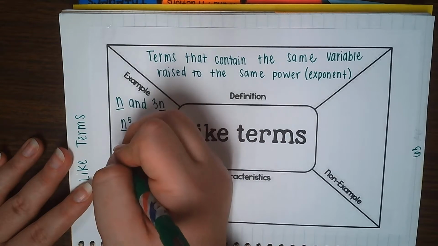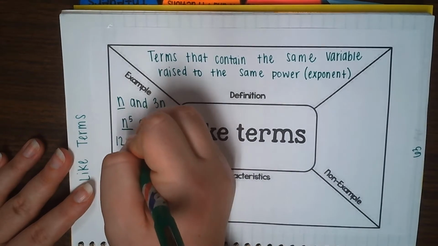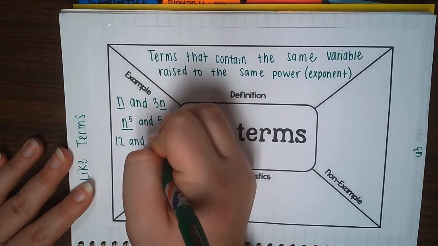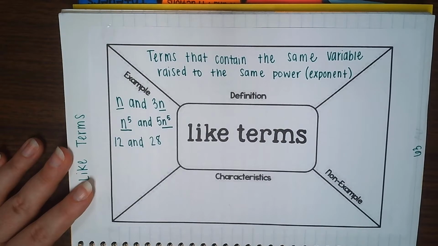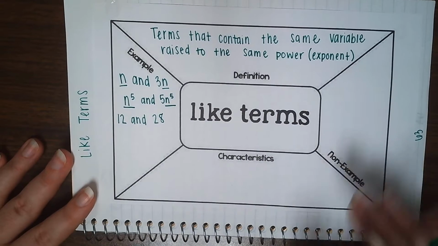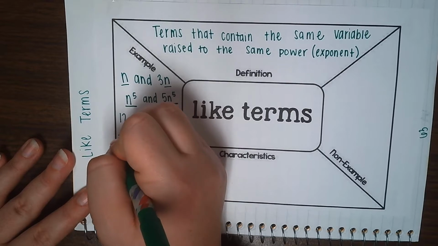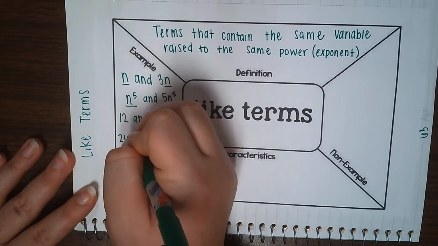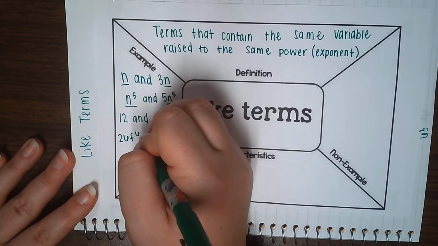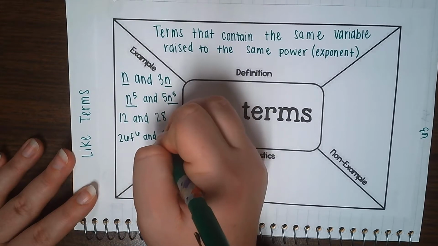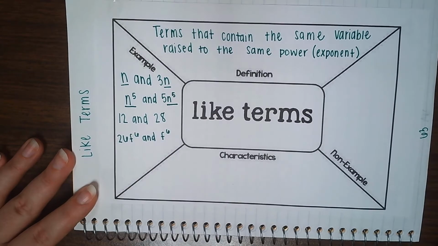More like terms are constants, 12 and 28. Those are both constants, so they're both like terms. We could have 26f to the 6th power and f to the 6th power.